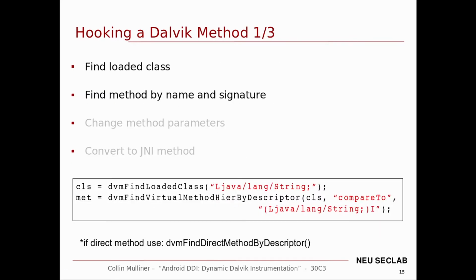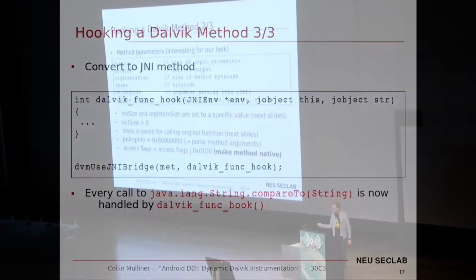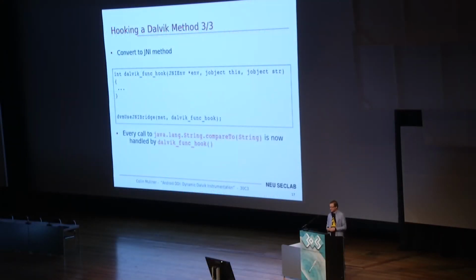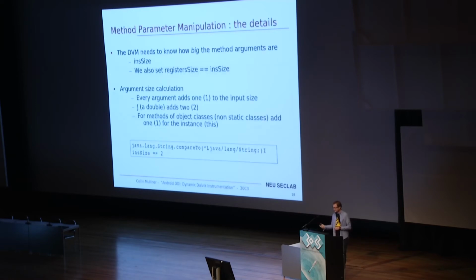With this function, we find the method descriptor, which is returned in this met variable, and then we just tell the DVM, hey, this method, please use this native function, the Dalvik function hook in this case, to execute this compareTo function. Very simple.